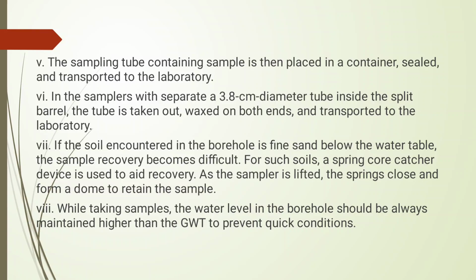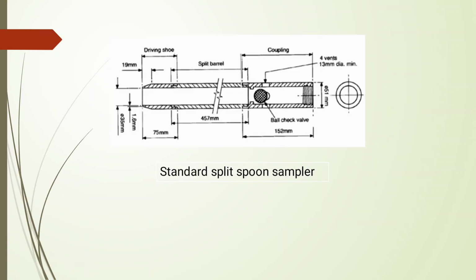Next, the sample is taken out from the tube, sealed and transported for laboratory tests. So this is the figure. You can see the driving shoe attached with a split tube, and above that the coupling, and above it the driving rod, to which it is attached.